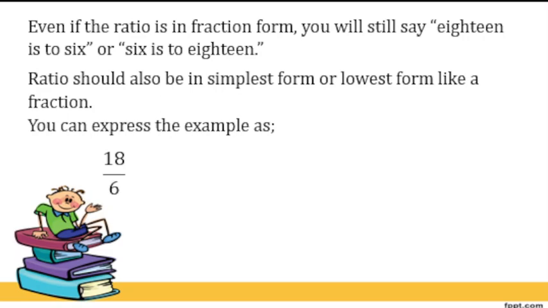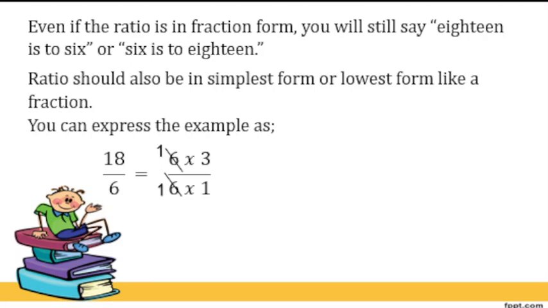So we have 6 times 3 over 6 times 1. This time, let us cancel both 6. So cancel 6, cancel 6. That will become 1 and 1. And 1 times 3 is 3, and 1 times 1 is 1.